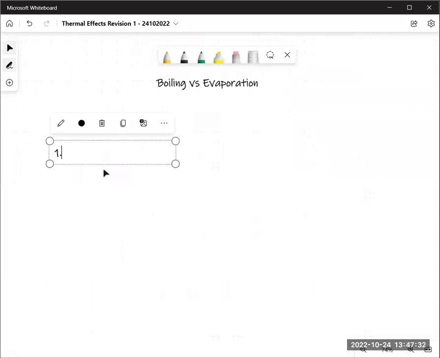The first thing first is the differences. Let's start with the similarity. Or let's start with the definition. What is boiling? Boiling is change of state from liquid to gas at constant temperature.